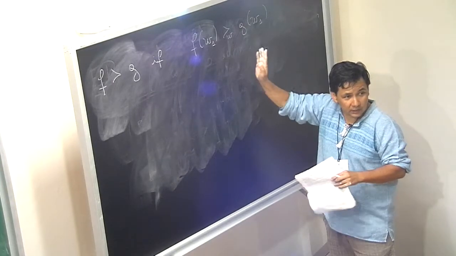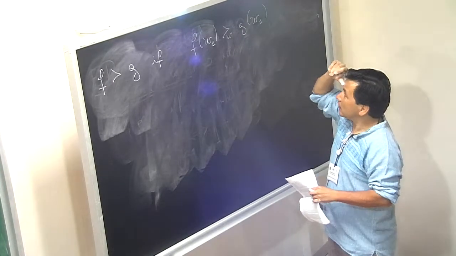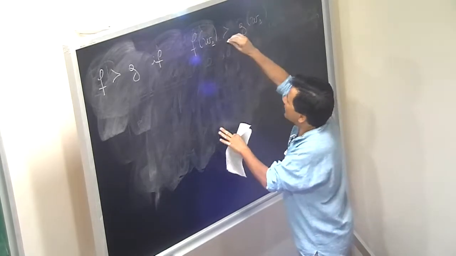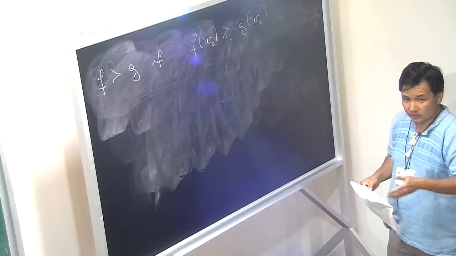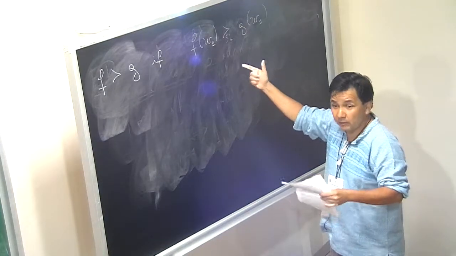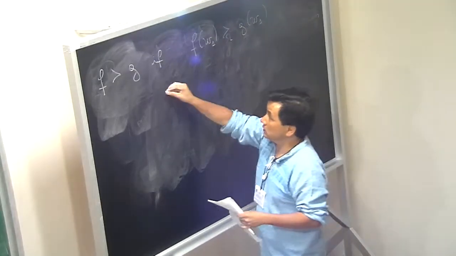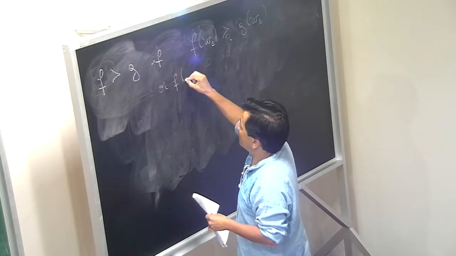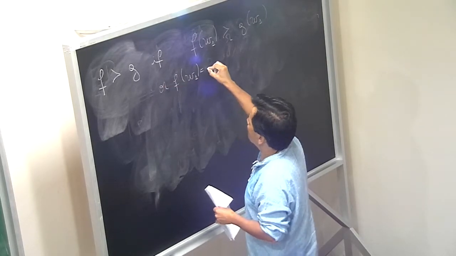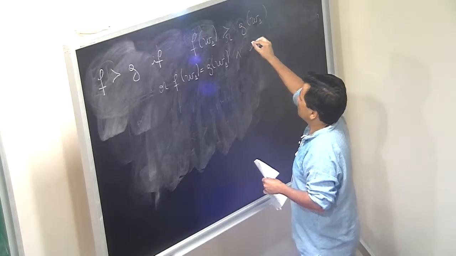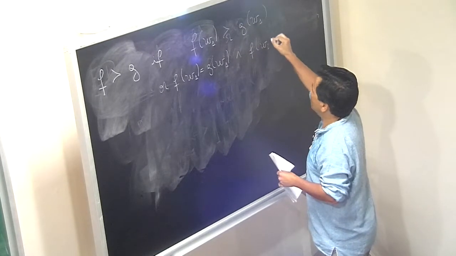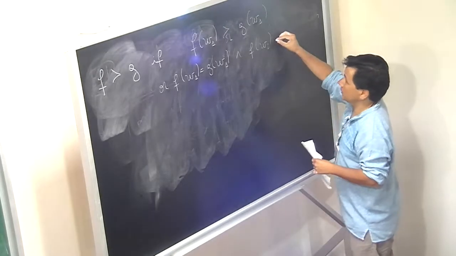Is it okay? Okay. Of course, they might be equal. So in case of equality, you go to the image of the second point of the space.